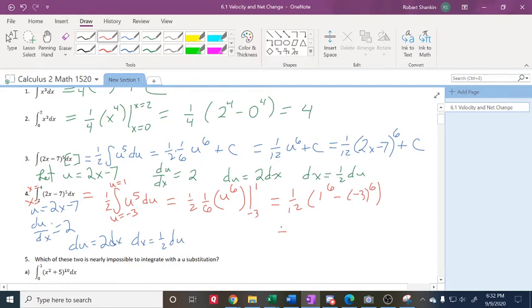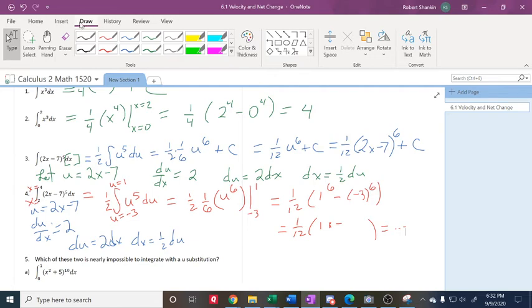And then you've got 1/12 times 1 minus, and -3 to the 6th is some big number, and then you punch that on your calculator, and you get your final answer. Alright, now that's the efficient way to do it.